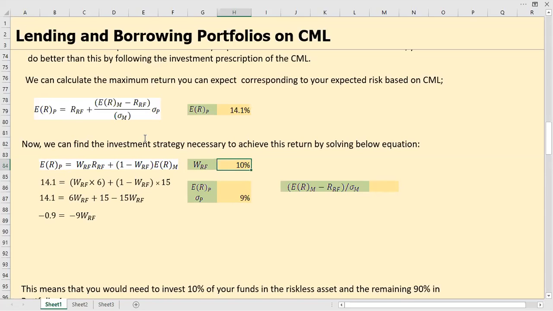Right? So how do you calculate this value? You can easily use the same formula here.